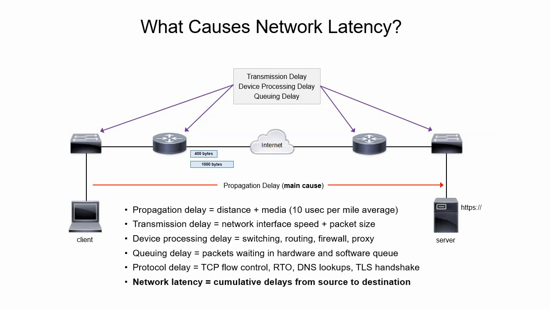If you have a fast interface like 10 gig and a small packet of, say, 64 bytes, the transmission delay is basically negligible. It's going to be fast. But if you've got a 10 megabits per second interface and you're using full packets, it's going to make a big difference.